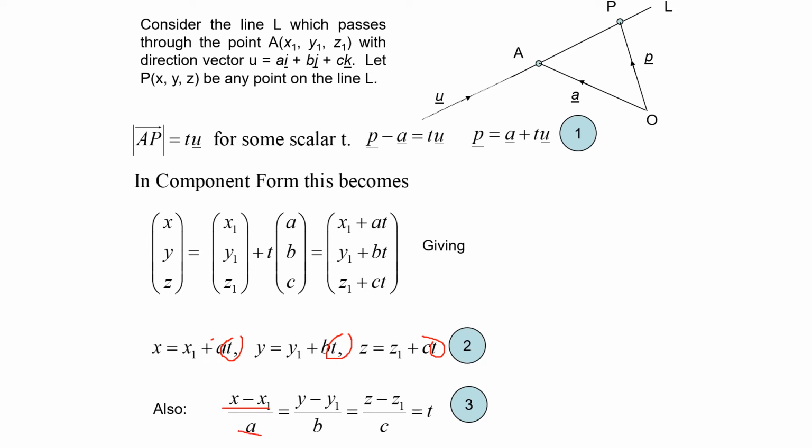The same goes with the t for the second equation of y: it will be y minus y1 divided by b, and the same goes with z: it will be z minus z1 divided by c, and we are getting t as a constant. So this is our third equation.